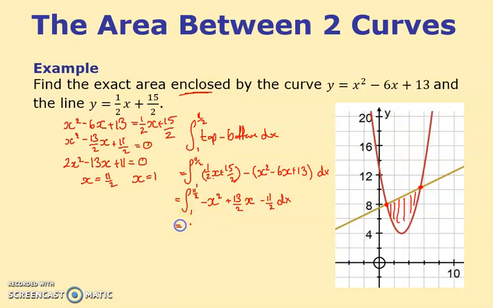So let's integrate it. So minus x squared goes minus x cubed over 3 plus, now it's going to be x squared, so it's going to become plus 13 over 4 x squared minus 11 over 2x. And that's between 1 and 11 over 2.